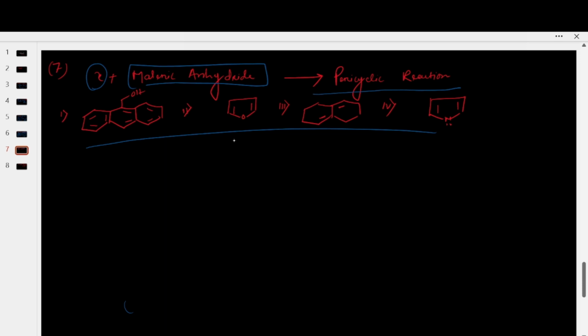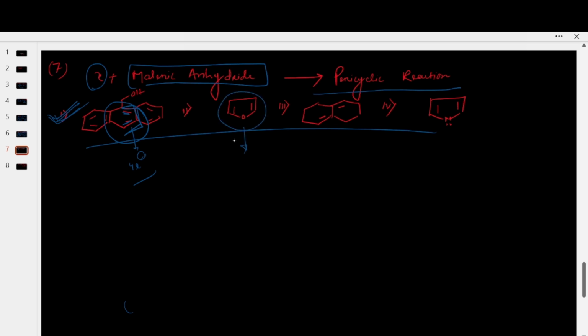So here just look at the middle benzene ring. It contains 2 double bonds, which is a source of 4 electrons, and it is in cis configuration, right? So it can take part in your Diels-Alder reaction. So option 1 takes part in the Diels-Alder reaction. Now what is this?